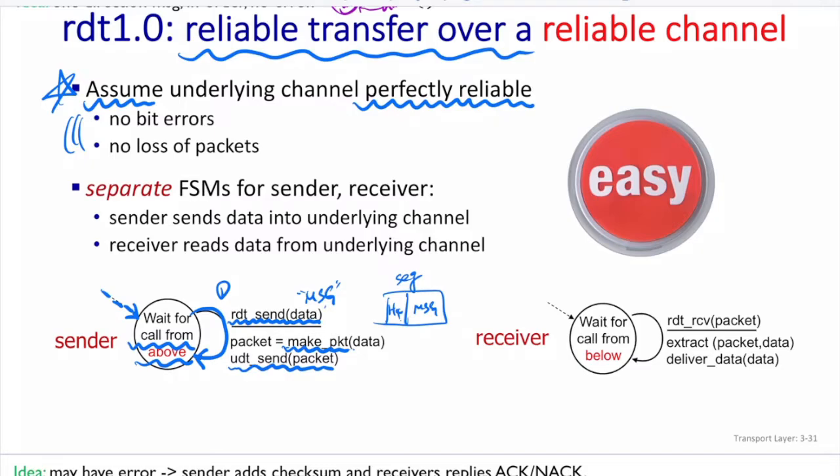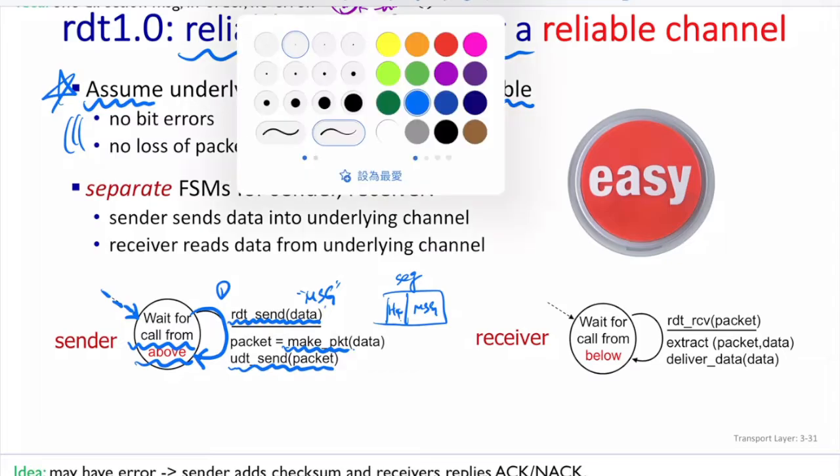You don't have to do anything else, because we assume the underlying layer is perfectly reliable. So the segment you send will arrive at the receiver side perfectly, without any loss and error. That is the design.